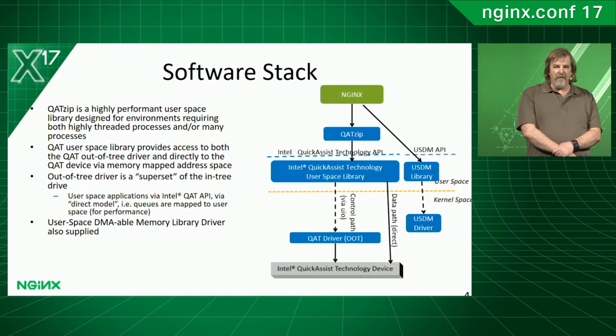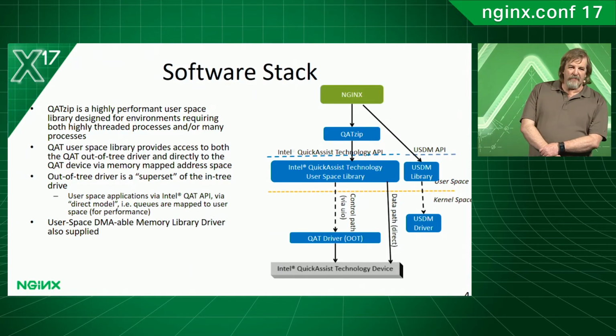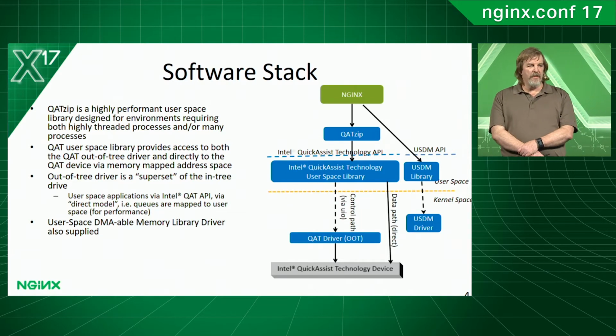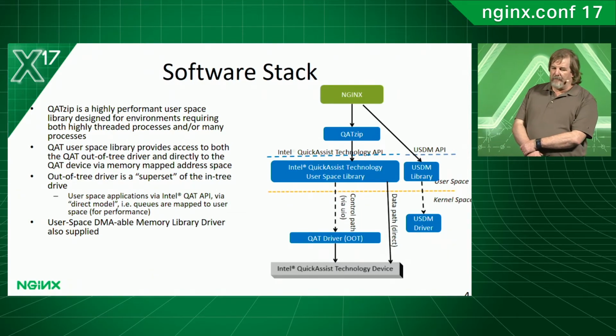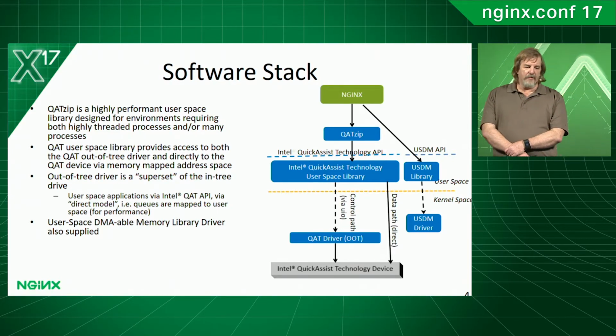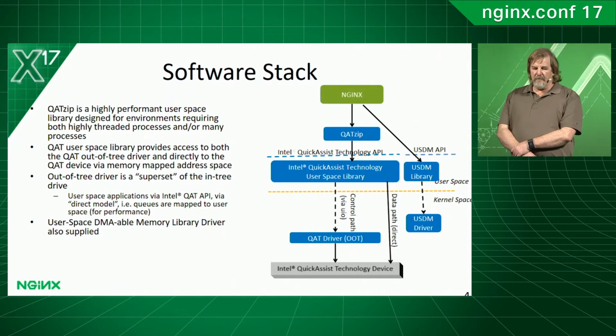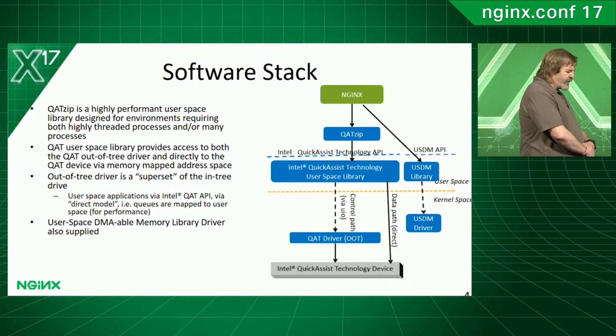So the USDM stands for user space DMA-able memory. If you have hardware working on memory, you kind of want to make sure it doesn't get paged out or moved in the event that a process is swapped out or terminates. And we have to operate on physical addresses, so we have a library that provides that.